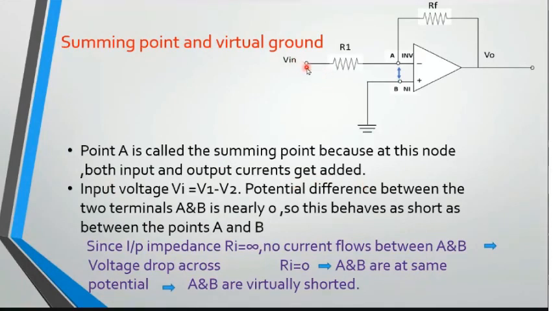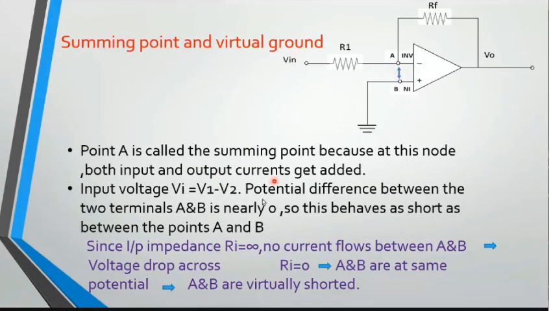The current coming from Vin. Vin divided by R1 will be the input current. VO divided by RF will be the output current. And both of them will get added together because here the resistance is infinite, so current cannot go inside. So these two currents will get added. So this point A is called the summing point.